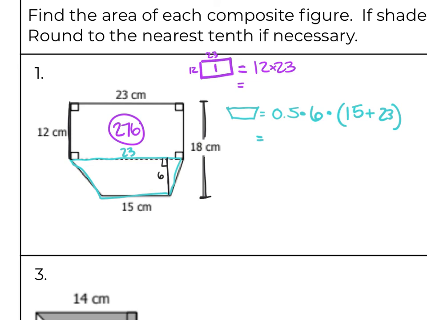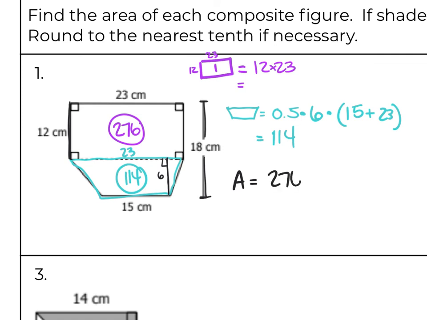All right, what did you guys get? Alexis, did you get it? Yes, 114. And then I like to write it over here just so I know I did the top shape, I did the bottom, I'm all good. And what do I do to find their total then? Just add them.